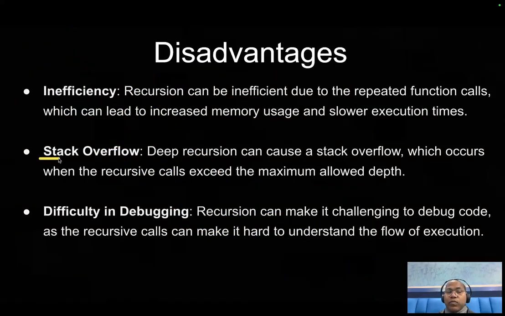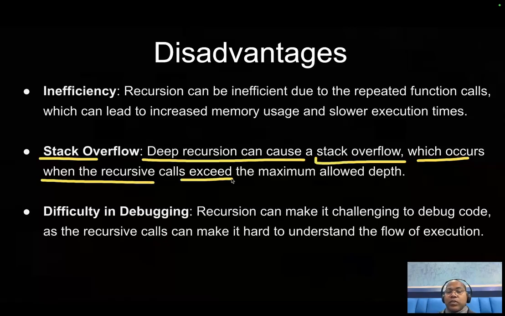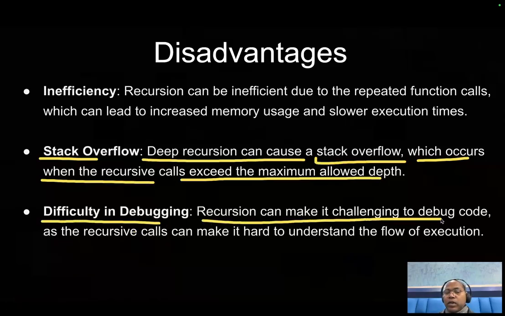Okay, stack overflow. Deep recursion can cause a stack overflow, which happens when the recursive calls exceed the maximum allowed depth. It is also very hard to debug the code because they are doing the backtracking concept.